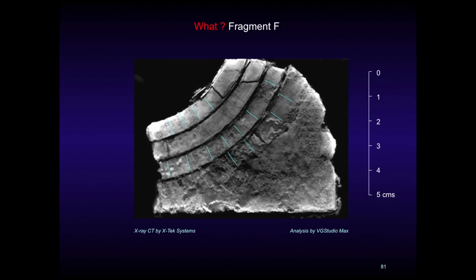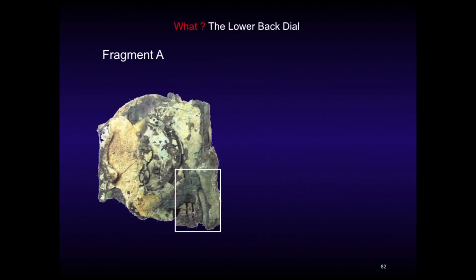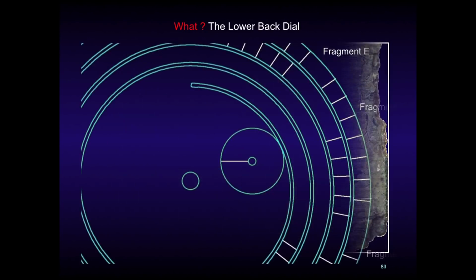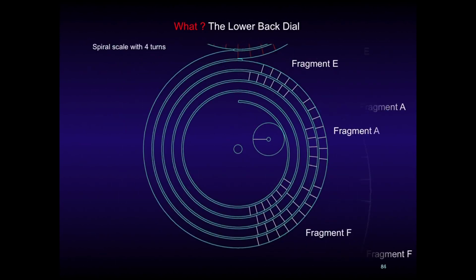Now, these scale divisions reminded me very much of some more scale divisions that Price had seen visible on the surface at the back of the main fragment, fragment A. Looked very similar. And I could determine the relative orientations of the fragments and put them together, together with another little fragment E with similar divisions in it.